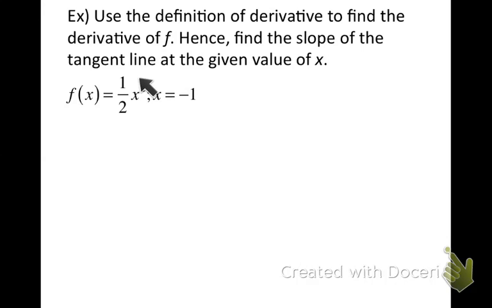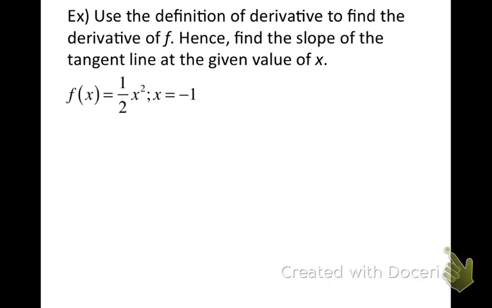Remember, a derivative corresponds with the slope of a tangent line at a given point x, and once we find that, we can find exactly what the slope of the tangent line for that curve would be at the point where x is equal to -1.